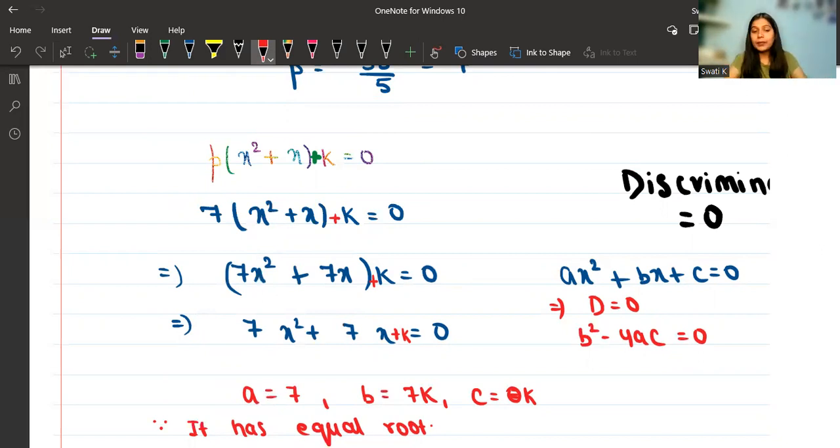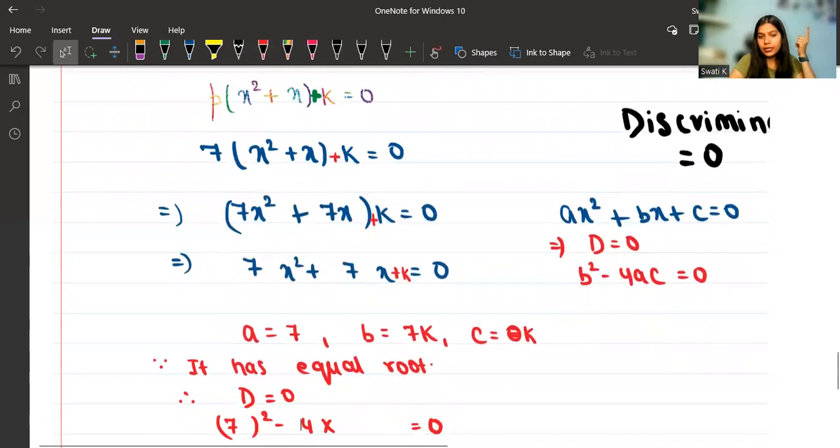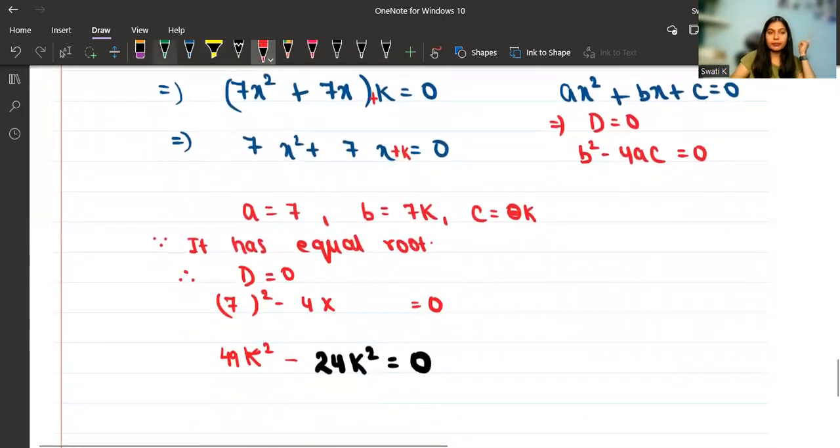Now this is fine. Now a is of course 7, b is 7 of course, not 7k, just 7. And c is k. Okay, now it's fine. So b square, that means 7 square minus 4ac, that means 4 into 7 into k. Now this is correct.